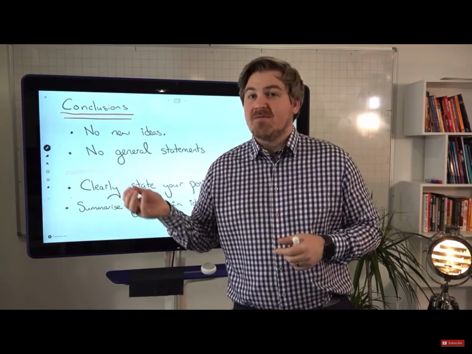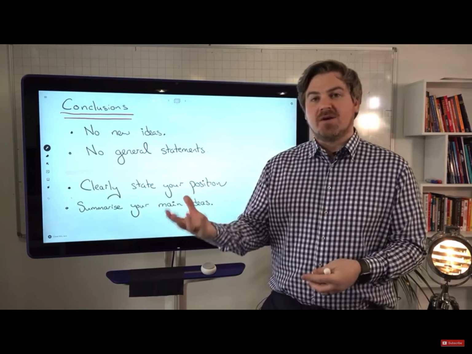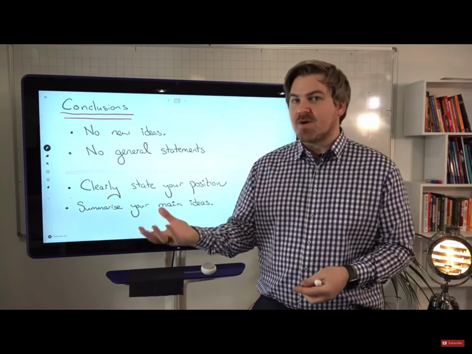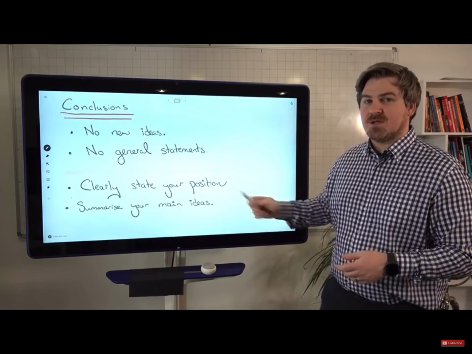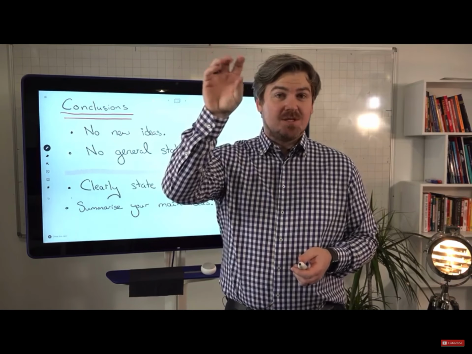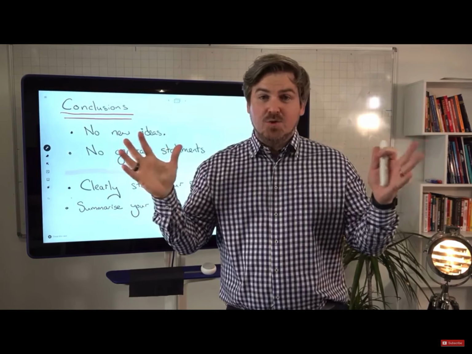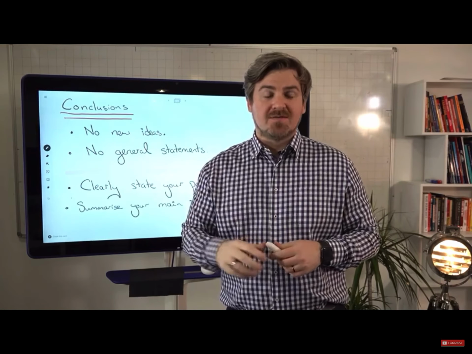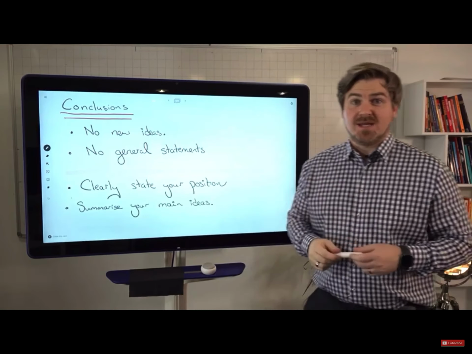You shouldn't be repeating vocabulary. You should try and vary your vocabulary as much as possible, but it's fine to restate your position because that is what an essay is supposed to look like. You state your position in your introduction, then you discuss it in the main body paragraphs, and then you state it again in the conclusion.